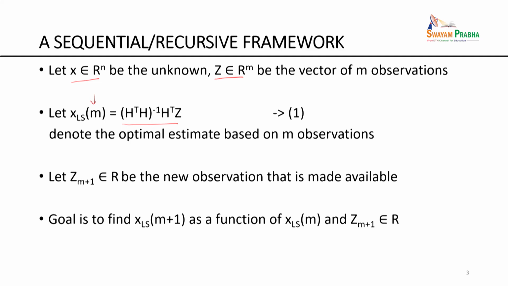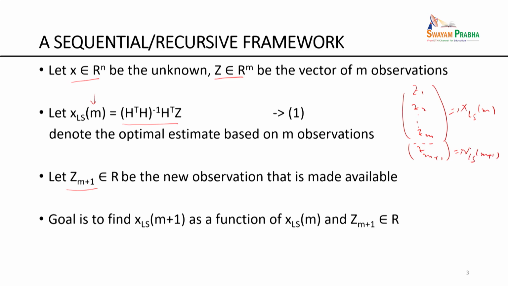Now, a new observation comes in, z_{m+1}. So I already have z_1, z_2, up to z_m. Using this, I computed my x_LS,m. The (m+1)th observation, z_{m+1}, comes into play. I would like to be able to compute x_LS,m+1.